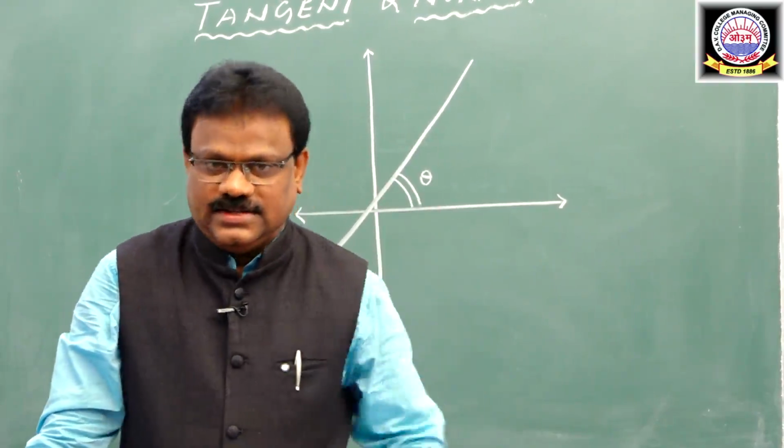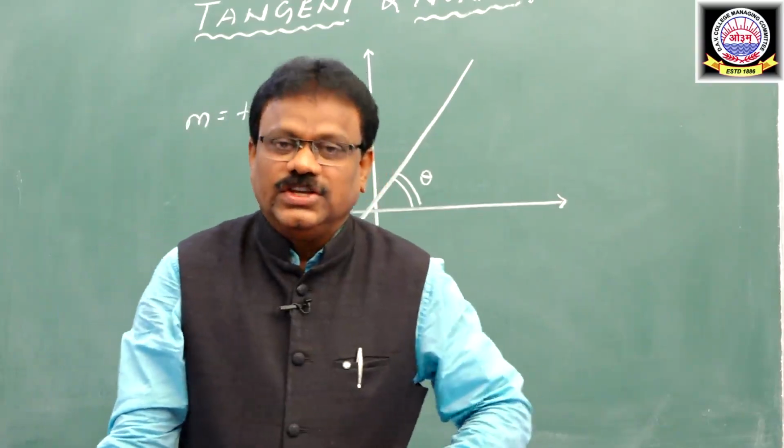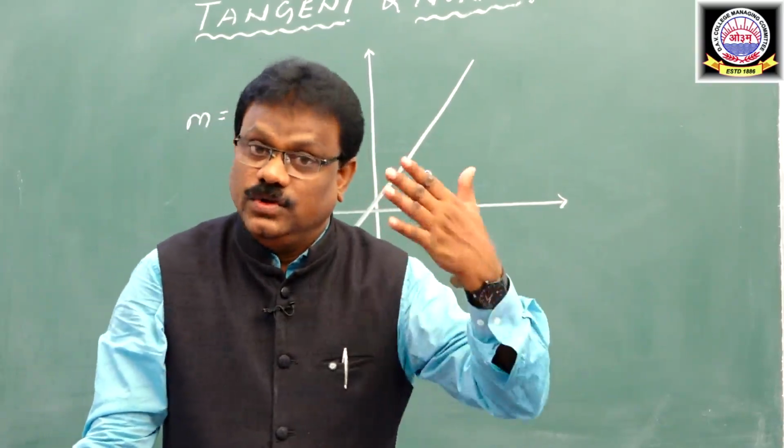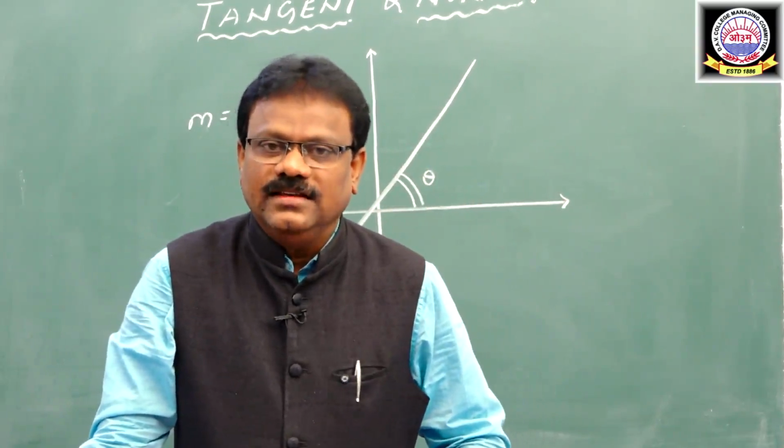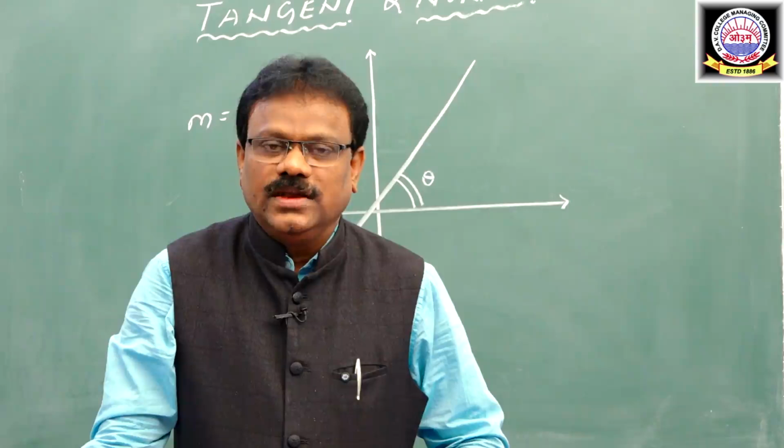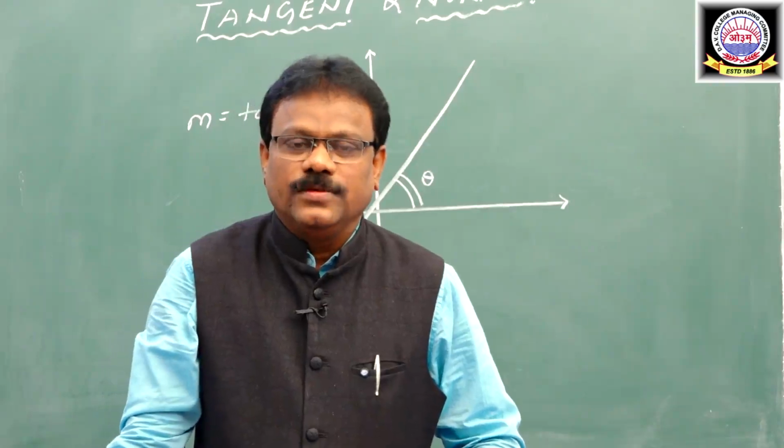Then you recall another concept. The equation of the straight line, which you already know in standard 10, has the standard form ax plus by plus c is equal to 0.